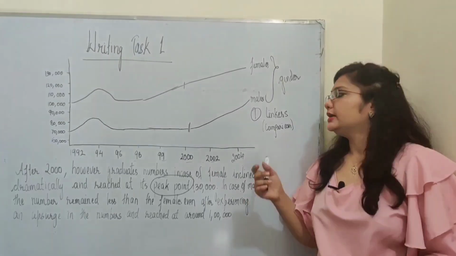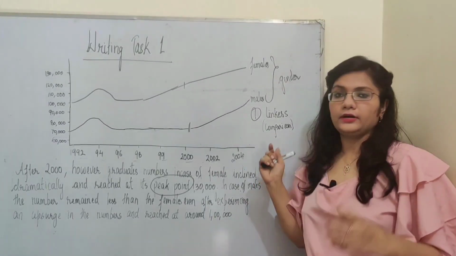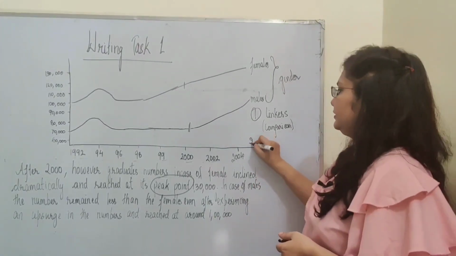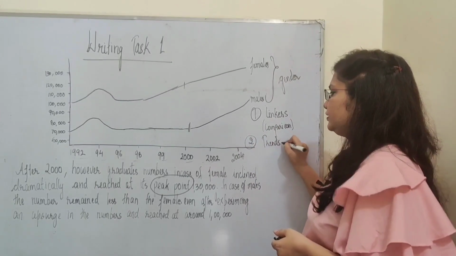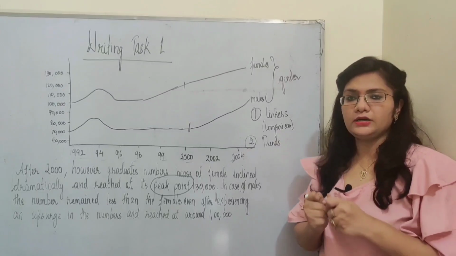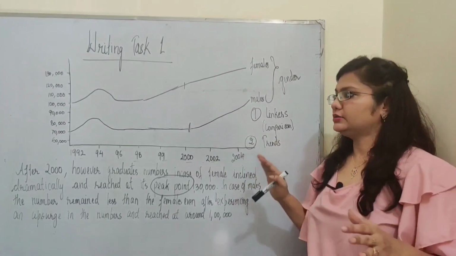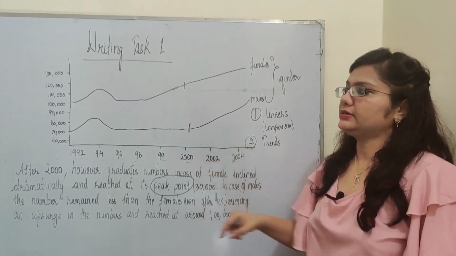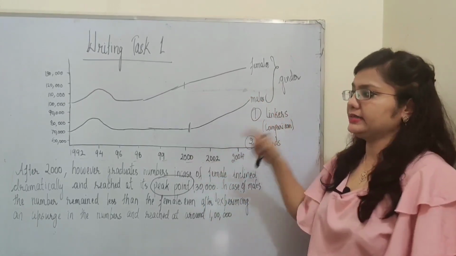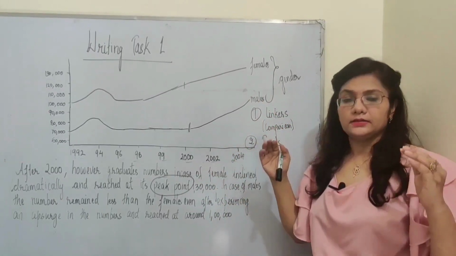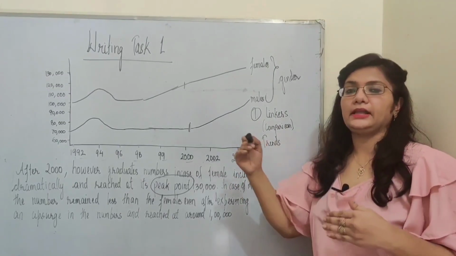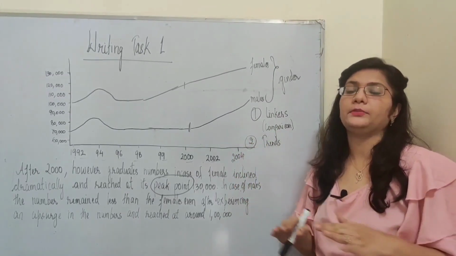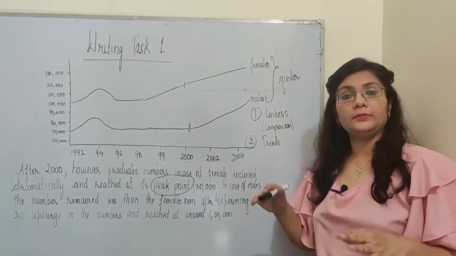These kinds of words should be used for comparison. Second thing is, give overall trends rather than explaining anything. Do not say simply that it is 100, it is 1 lakh, it is 80,000 or 90,000. Instead of that, you can say the number inclined or declined, the number remained stable, or the number fluctuated.